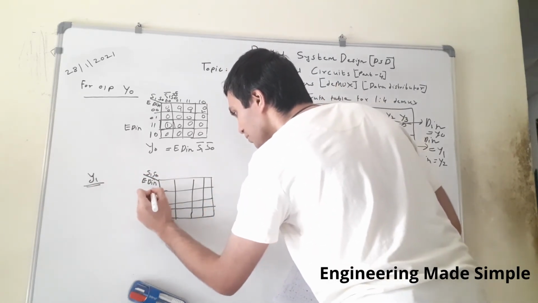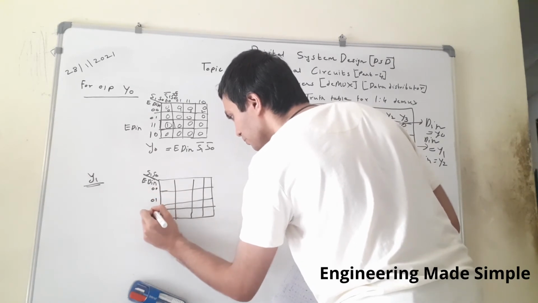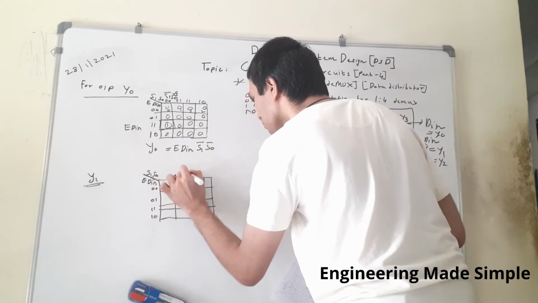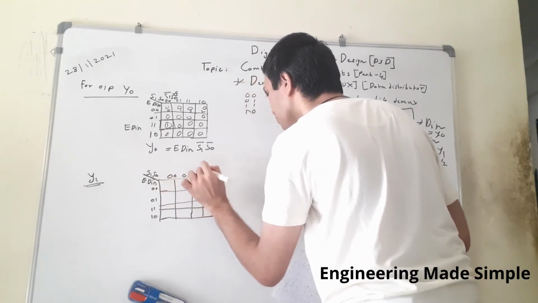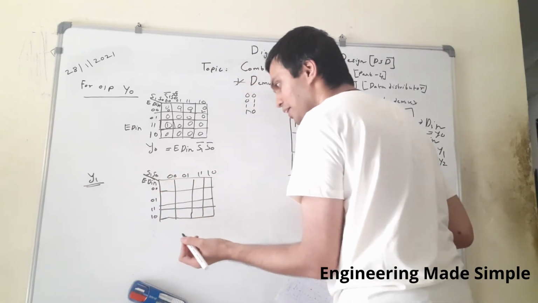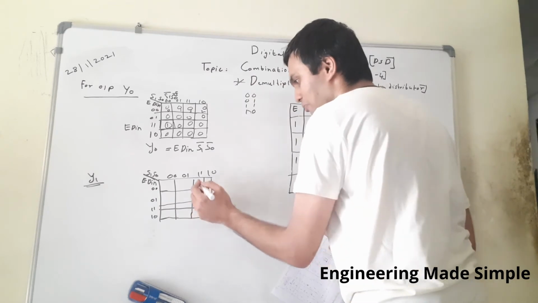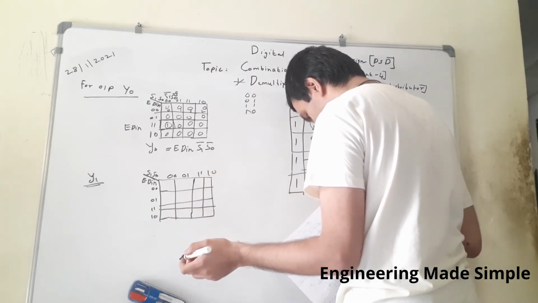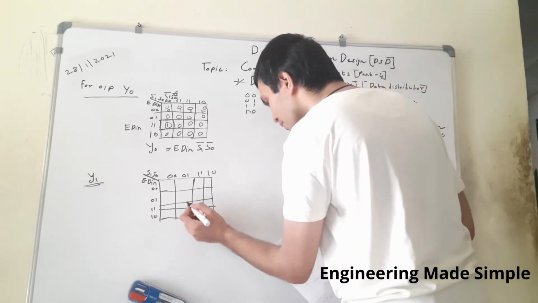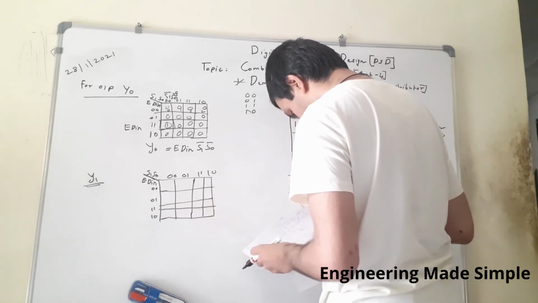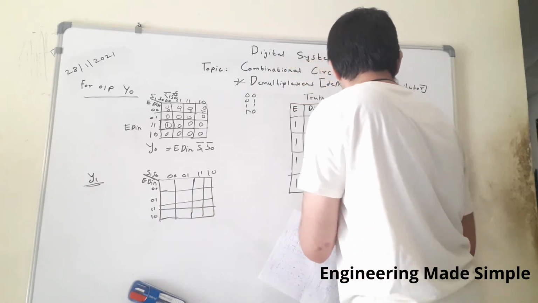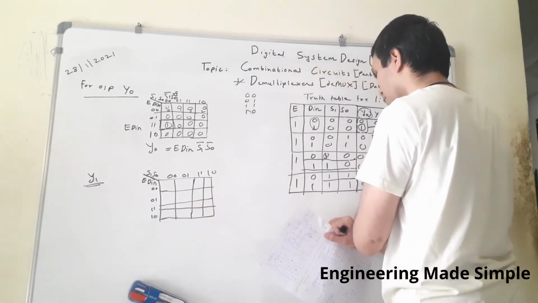Now let us start labeling it: 00, 01, 11, 10 along the top and 00, 01, 11, 10 down the side. For those who have any doubts in K-map simplification, you can watch my lecture on Karnaugh map simplification, but we are speeding this up over here. So for output y1, where is the min term?